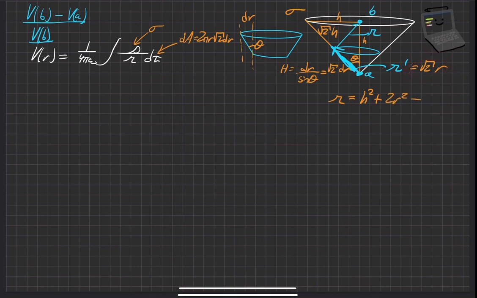And the last part of the law of cosines is 2 times the product of the two legs that we know, so 2 times h times the square root of 2 r. And then finally, hence the name law of cosines, we multiply all that by the cosine of theta, which is the angle between those two. And all of that resides under a square root as well. So that's the law of cosines.